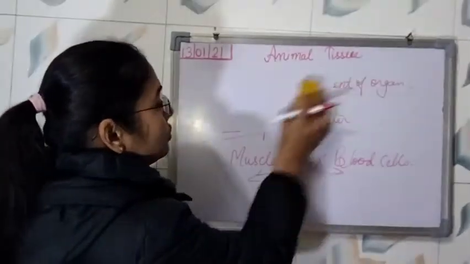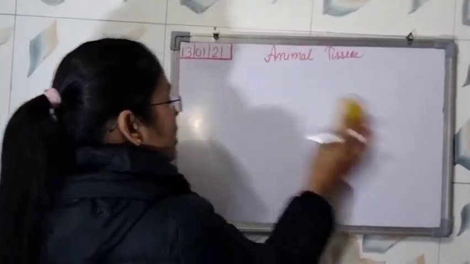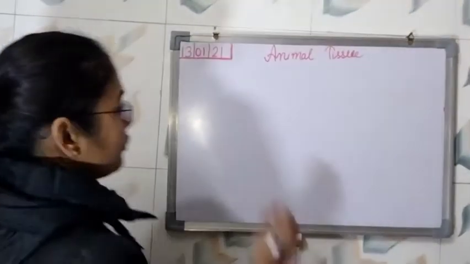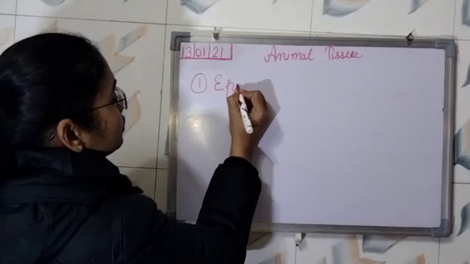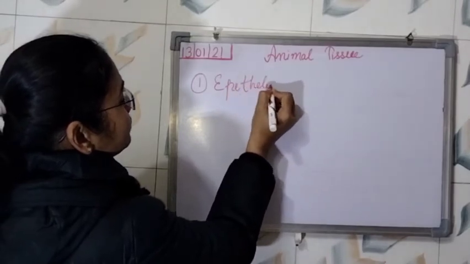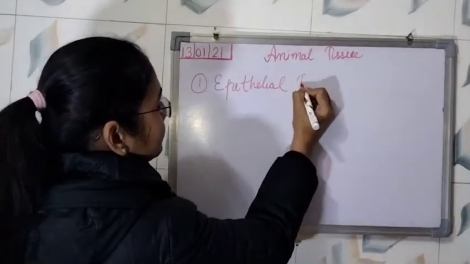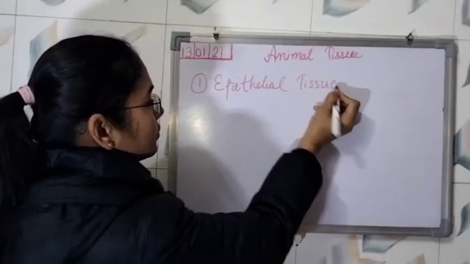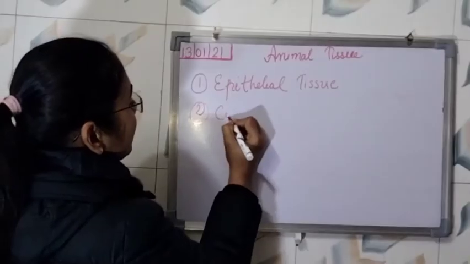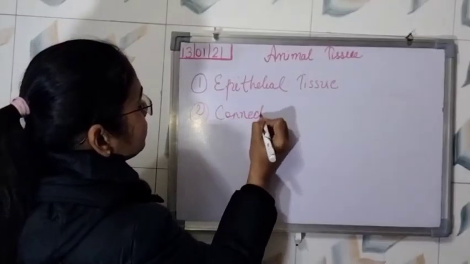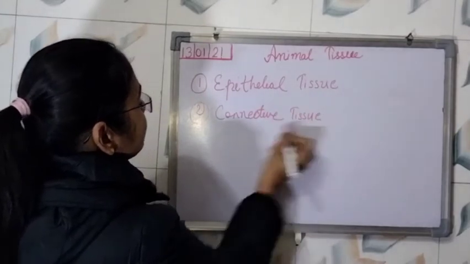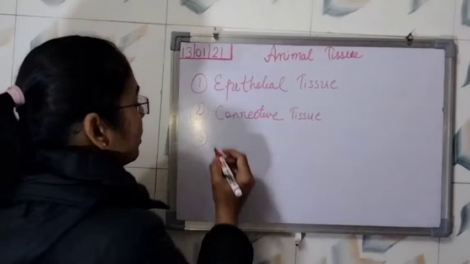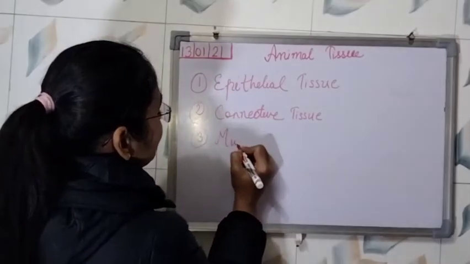It is divided into different types of tissues. The very first is epithelial tissue. The next is connective tissue. Third is muscular tissue.